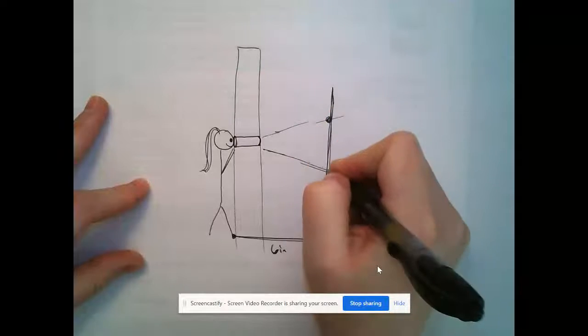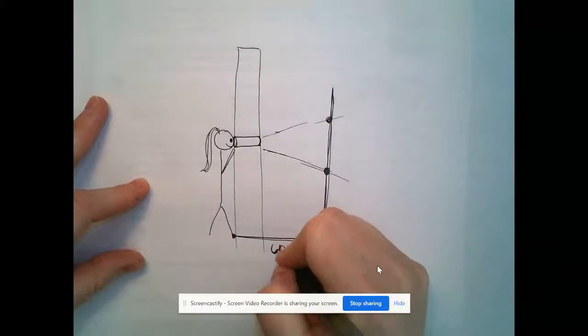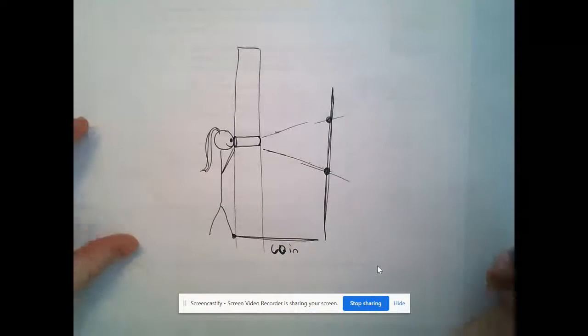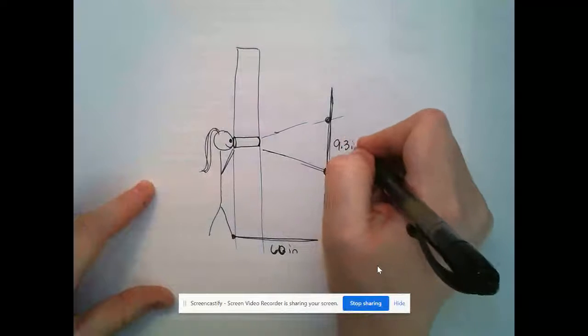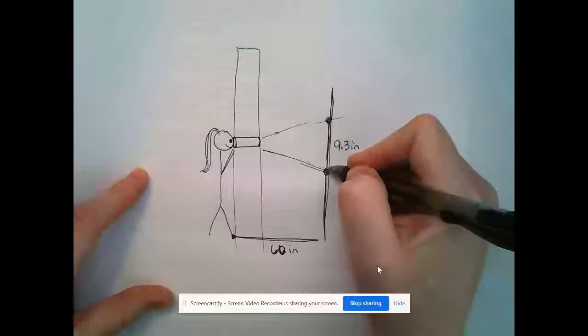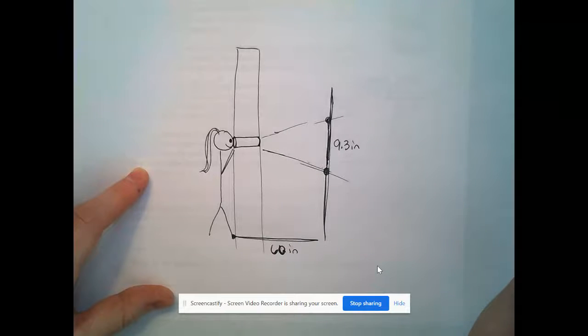And from one side that the person can see to the other side of what the person can see, if they are 60 inches away from the wall, the data that we had collected was that they could see 9.3 inches. So from left to right, the person could see 9.3 inches wide.